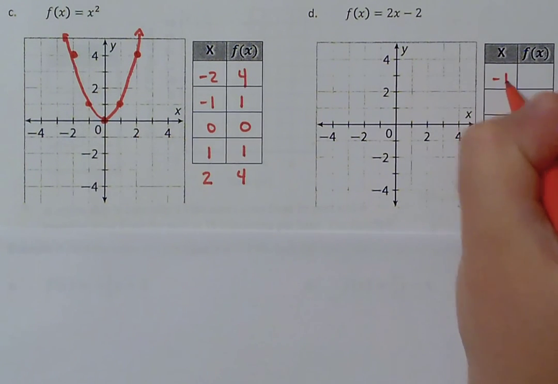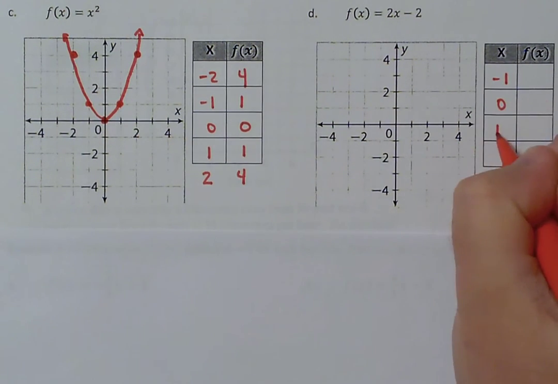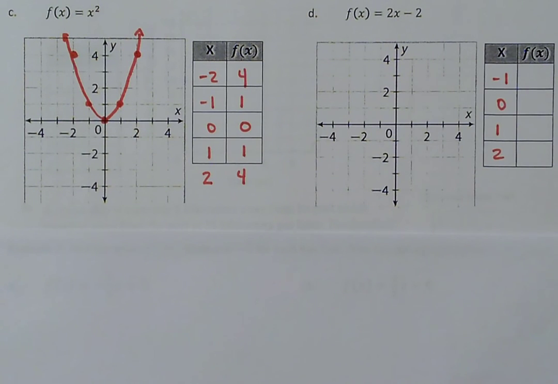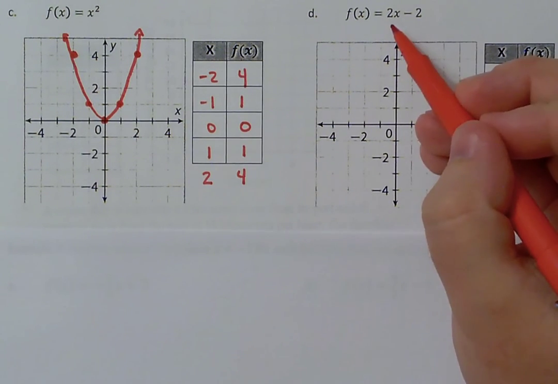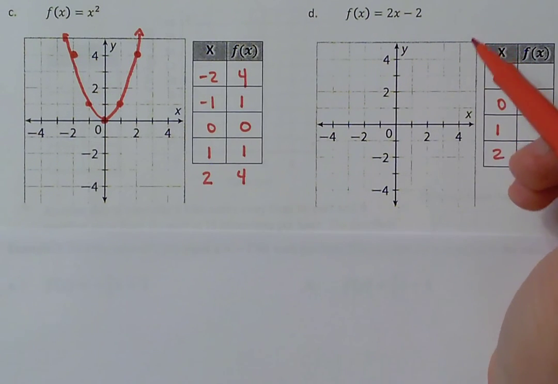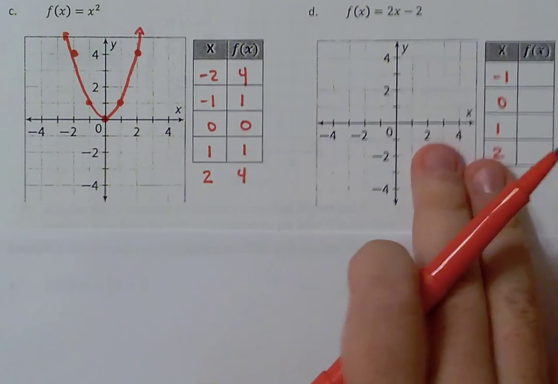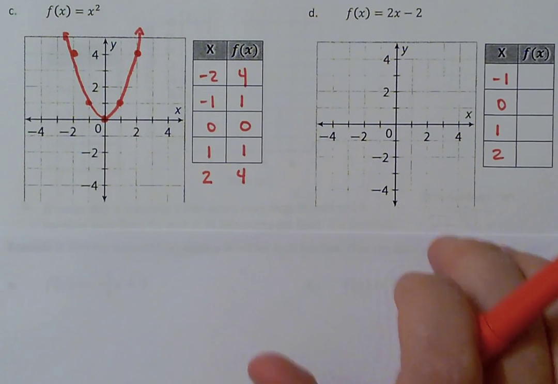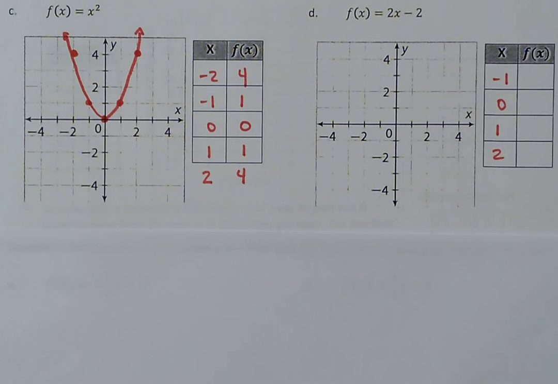I just suggest you make it simple. I would suggest you use -1, 0, 1, and 2. I will leave this one for you to go through and plug the numbers in to figure out your f of x values, and then to go through and graph the line. So I will leave that for you to do. If you have questions, just ask me next time you see me, or you can take a look at my completed notes for some guidance.